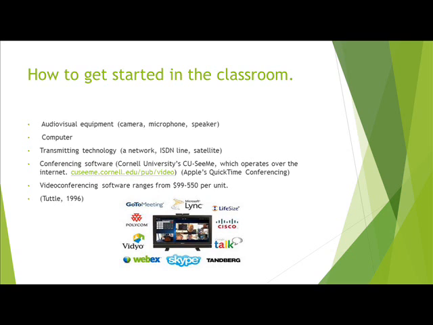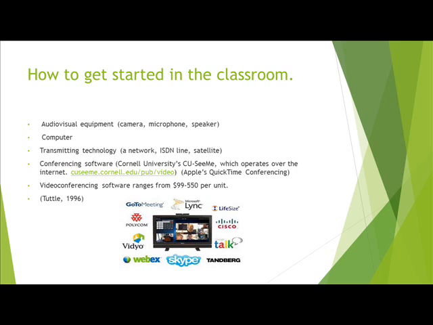One of the first conferencing software out there was Cornell University's CU-SeeMe, which can operate over the internet and is free. And I supplied the URL for that website. Another conference software is Apple's QuickTime Conferencing.